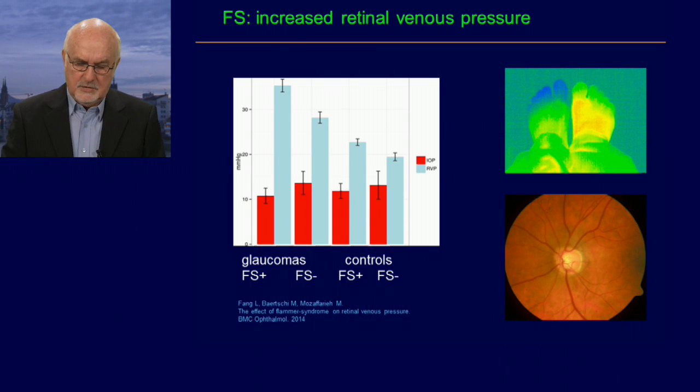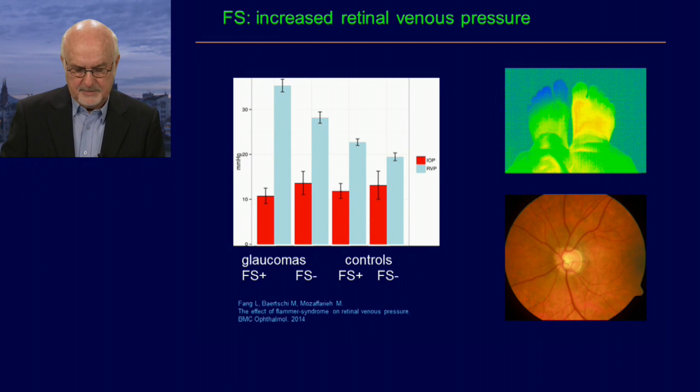On this picture, you see in red the IOP and in blue the retinal venous pressure. At the right-hand side, you see the normals. In these people, the retinal venous pressure is only slightly above the IOP on the average. On the other extreme, on the left-hand side, you see the glaucoma patients with FS.